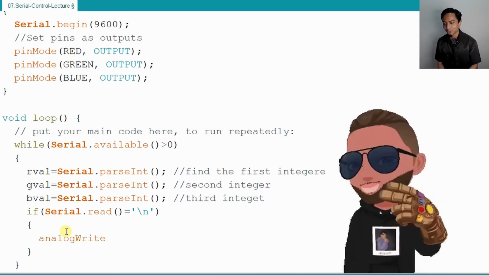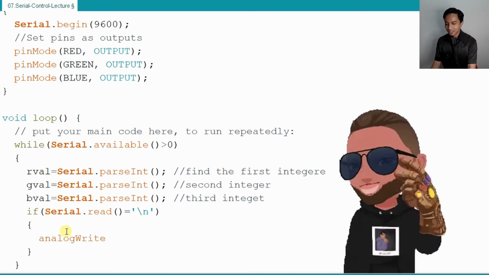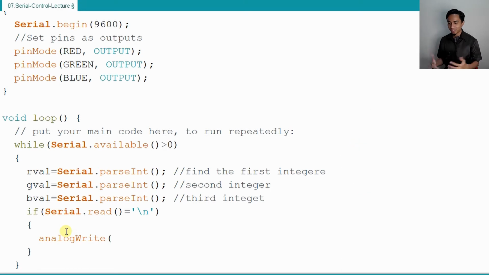So this is what we will do here: analogWrite with the pin red, with the value of the R value. So that's it.